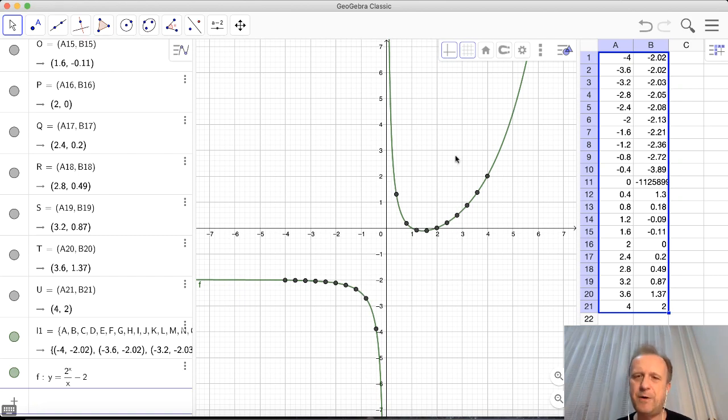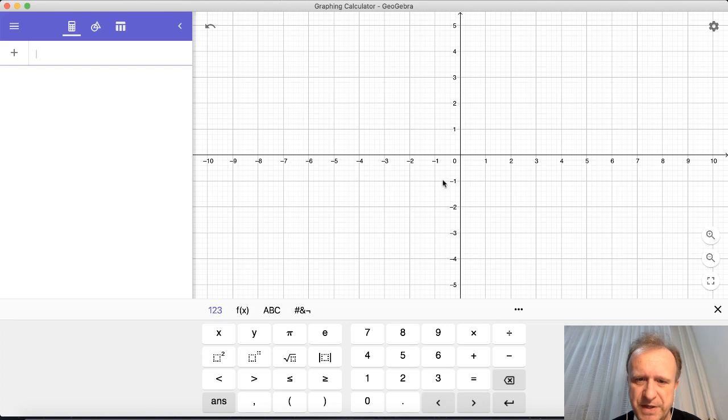Okay, so now there is a slight difference here. If I don't have GeoGebra Classic, and this is your situation when you have just your smartphone, there is no GeoGebra Classic there, and there is not this possibility, as far as I know, to create tables. You may use just a simple graphing calculator in GeoGebra. So here I have the graphing calculator in GeoGebra.